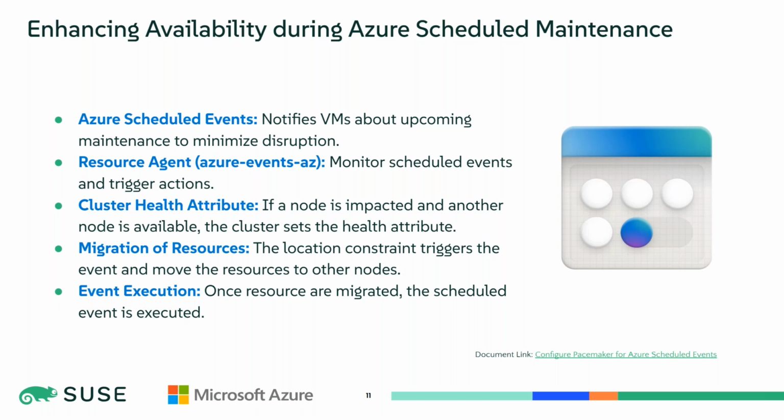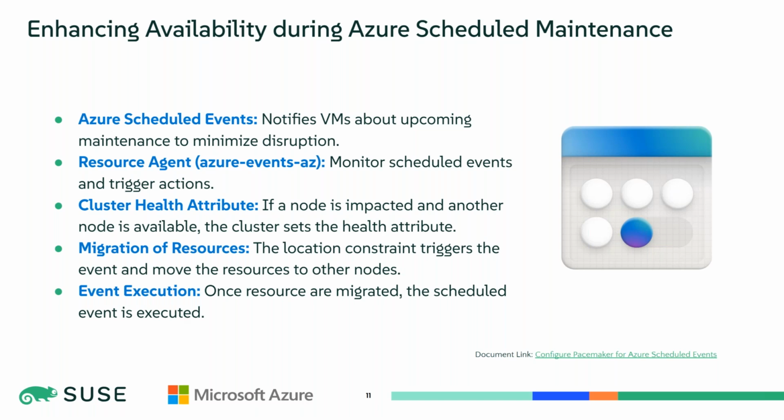This notification is sent to all the virtual machines that are part of the host, allowing them to prepare for the upcoming disruption. So you can configure this Azure Events AZ in the pacemaker cluster, which monitors these notifications, and when it identifies a notification from the host, it triggers the necessary action.